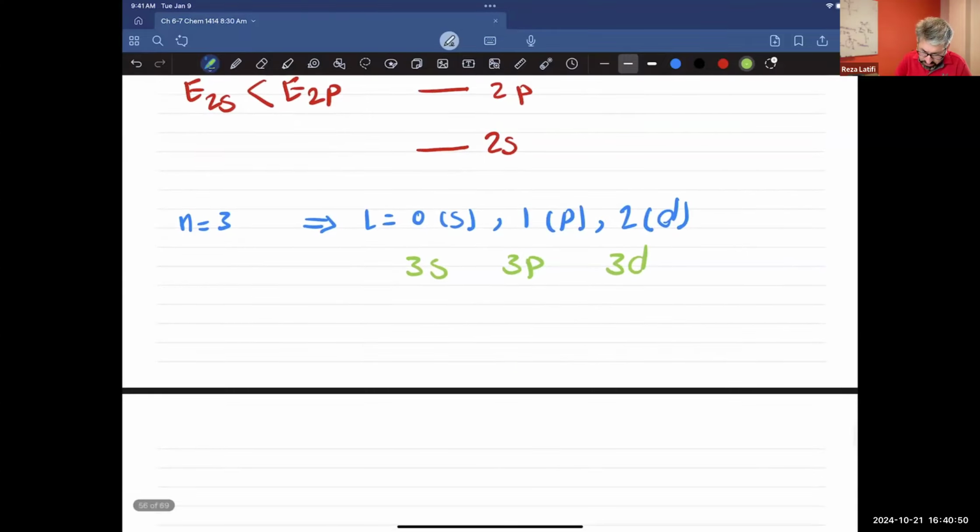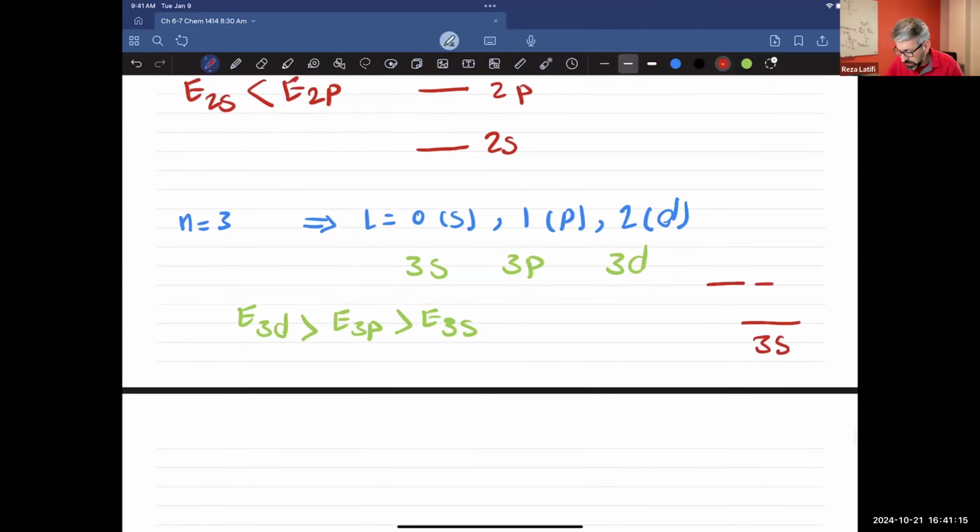This is going to be the order for them. The 3d orbital has higher energy than the 3p orbital, and the 3s orbital has the lowest energy. So again, what's the meaning of it? The 3s orbital will be the first orbital to put electrons in.